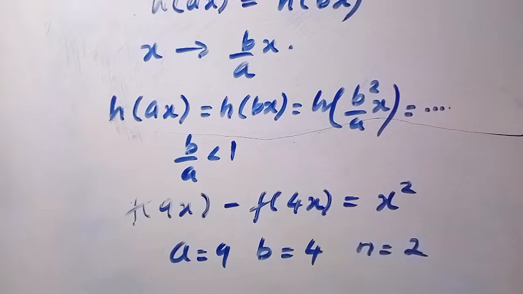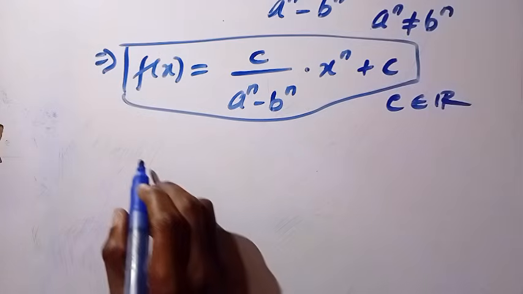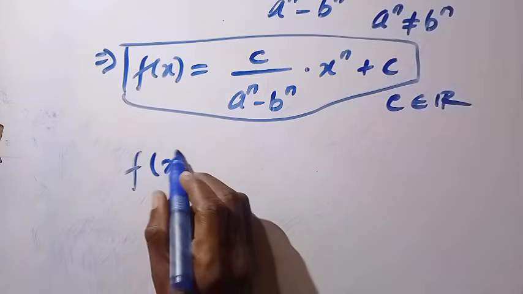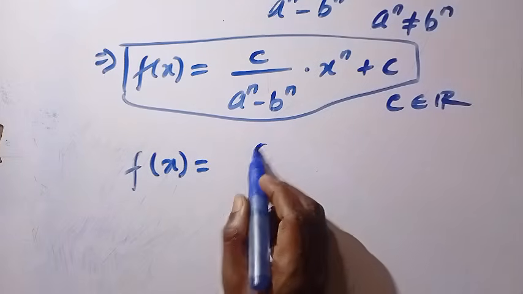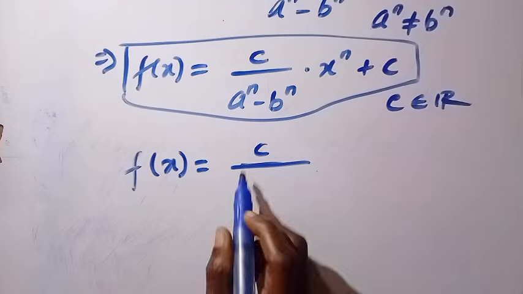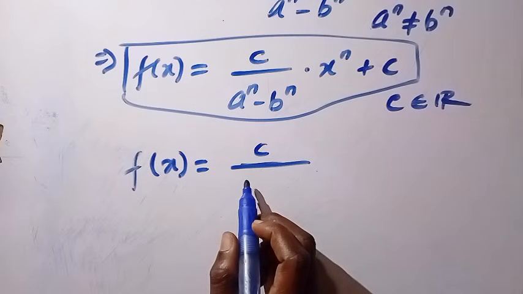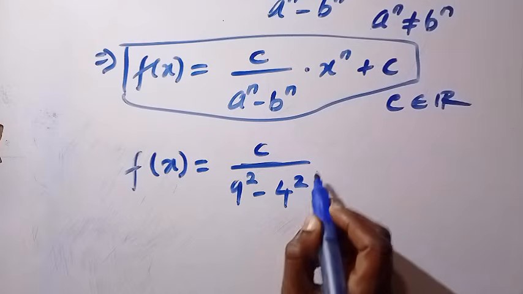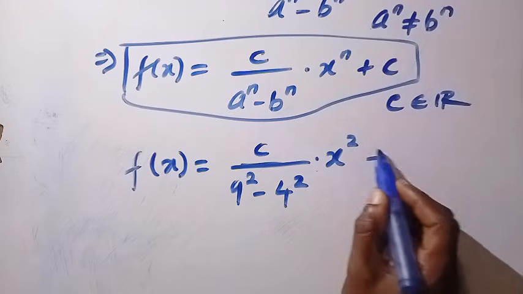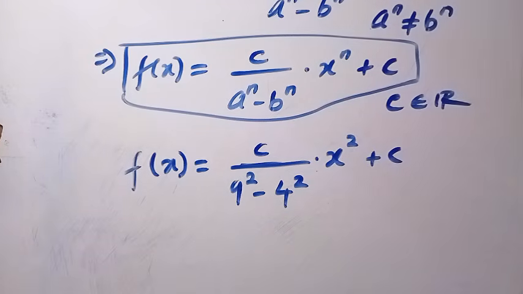Let's try to substitute. Then substituting this, we have f of x equals c divided by 9 raised to the power 2 minus 4 raised to the power 2, multiplied by x raised to the power 2 plus a constant.